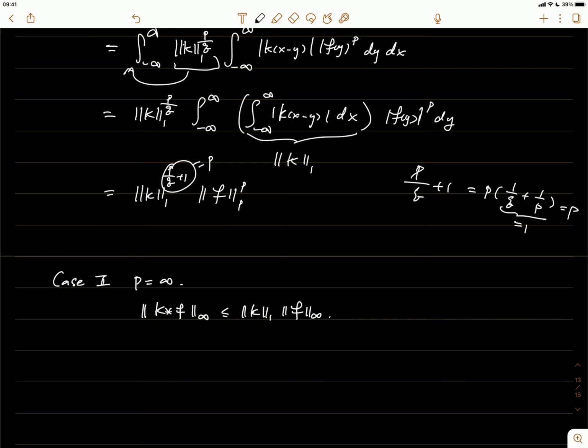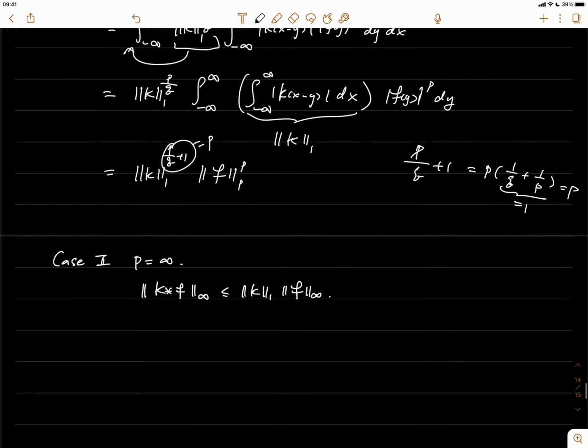Because right now f is in the L infinity space. So we just need to show that for any x, we check k star f at the point x, and we want to show that it's bounded by the right side.